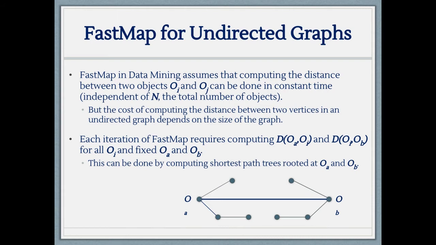Since we need the distance between A and i and B and i, where A and B are the pivot nodes and i is any other node, we can get this from the shortest path trees rooted at nodes A and B. So the cost of computing pairwise distances, Ai and iB, is amortized by computing and saving the shortest path trees rooted at A and B. The rest of the algorithm follows the same procedure as before. And in this way, FastMap handled undirected graphs.